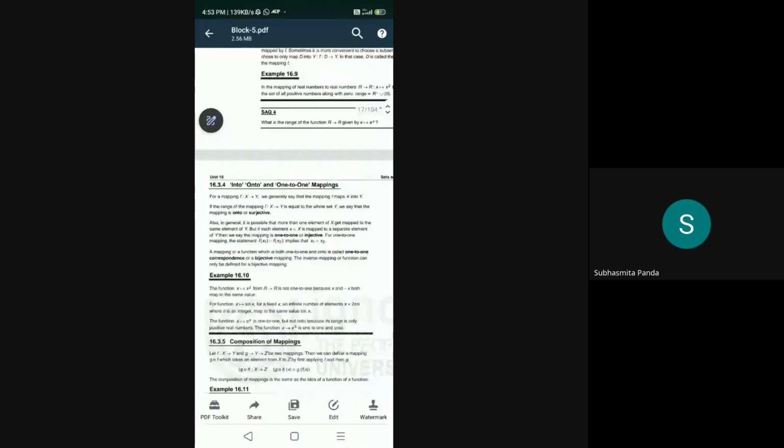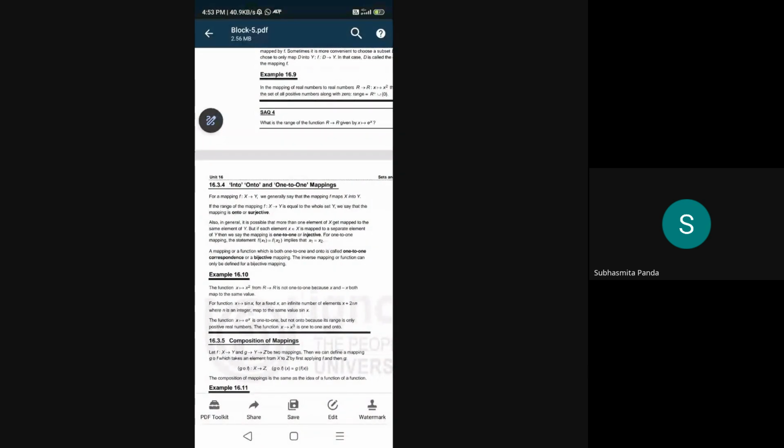There is into and onto mapping, which you have already known. For a mapping f from X to Y, we generally say that the mapping f maps X into Y. If the range of the mapping f is equal to the whole set Y, we say that the mapping is onto or surjective.